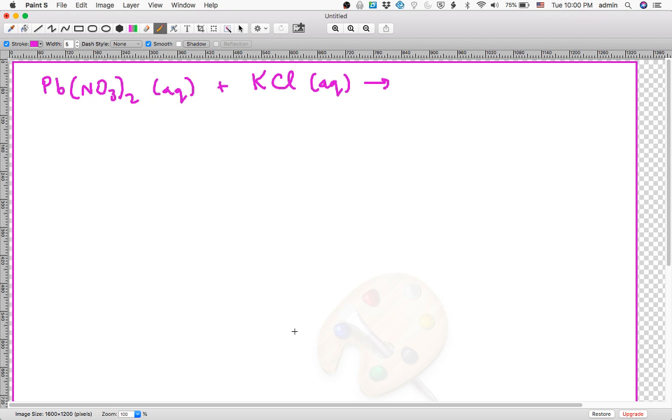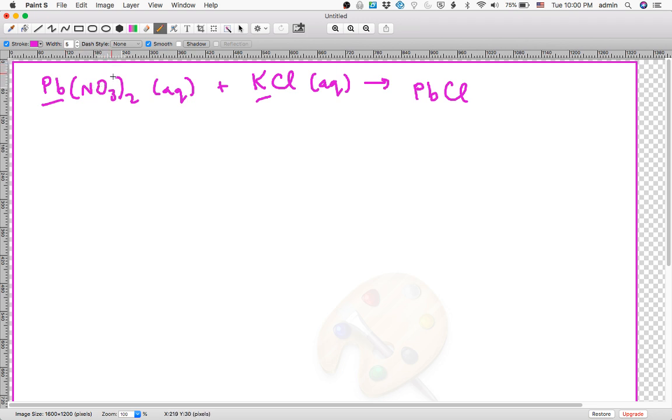Let me form the double displacement products for you here. Just like in the previous video, we switch partners, so the Pb now takes the Cl, so this is PbCl, but this was Pb2+, and you know that because this is nitrate.